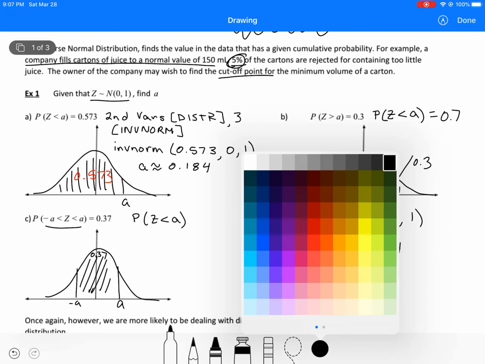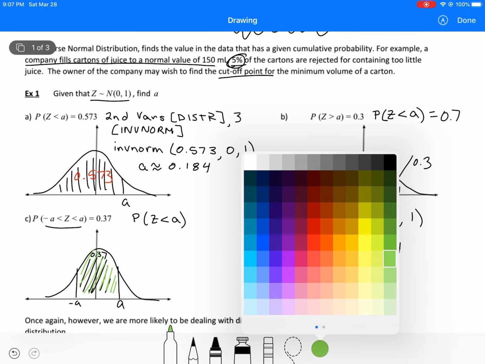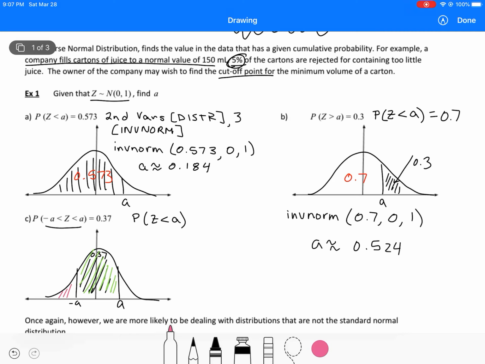The probability that Z is less than A is equal to this green area plus this pink area here. How do we figure out what that pink area is? If we do 1 minus 0.37, that gives us the area on both sides, 0.63.